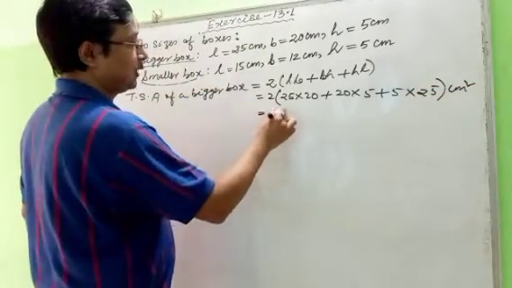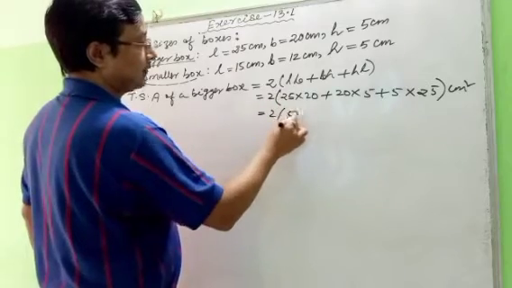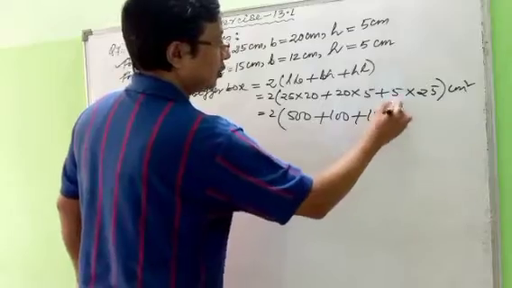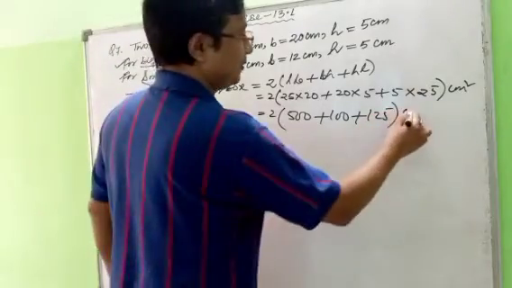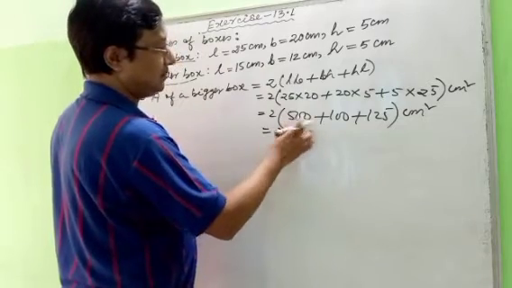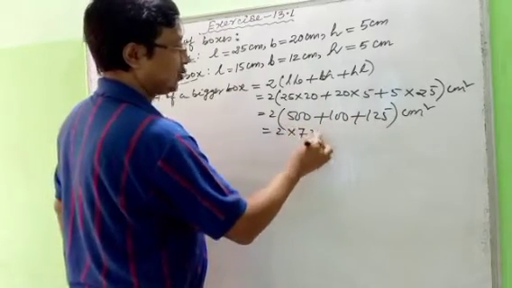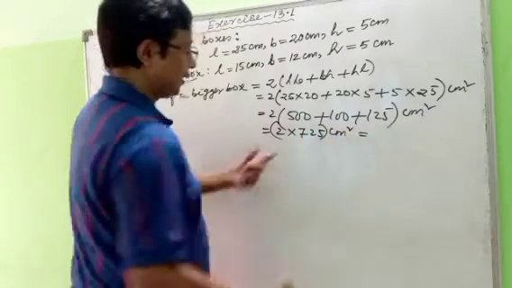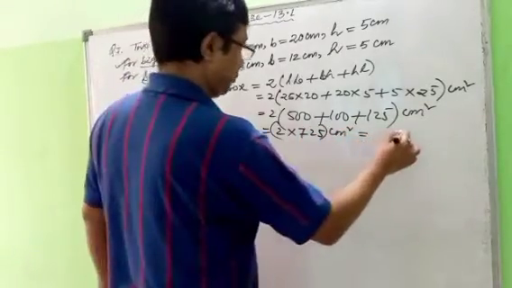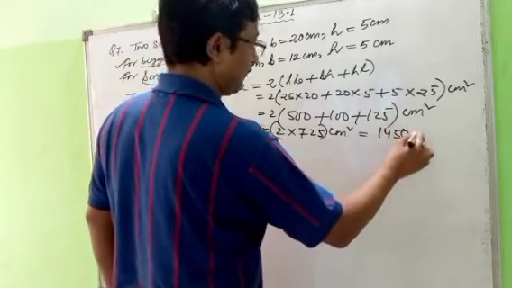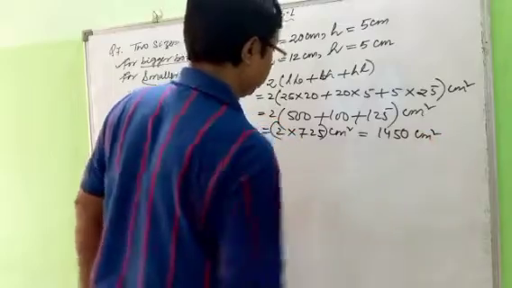So you will get 500 plus 100 plus 125 centimeters square. So equals 2 into 725 centimeter square, so you have got 1450 centimeter square.